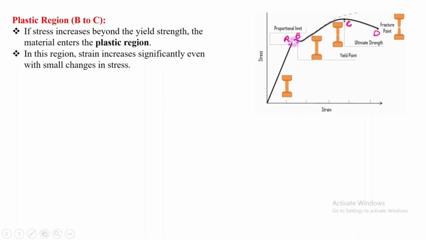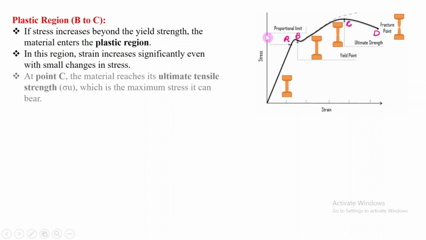If the stress beyond point B is increased, the material will not come back to its original position. In this region, the strain increases significantly, so there is more change in the strain of the material even if the stress is small.